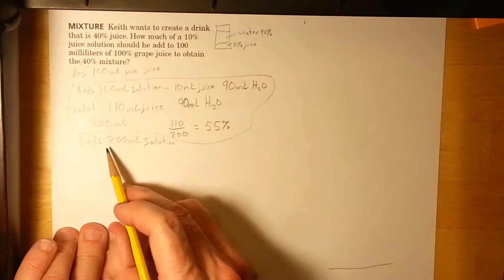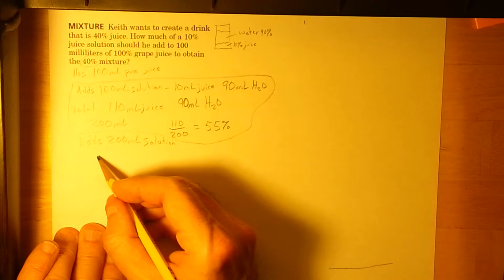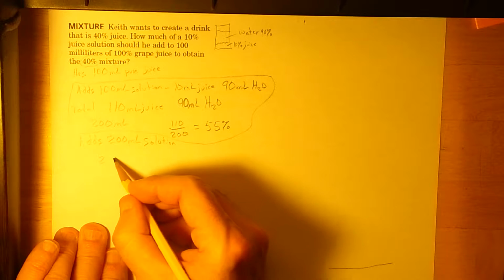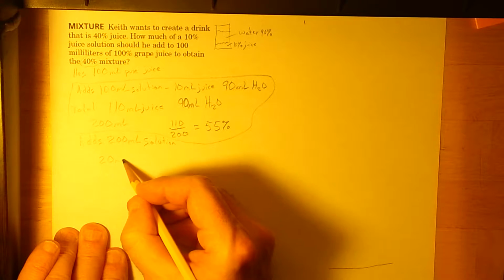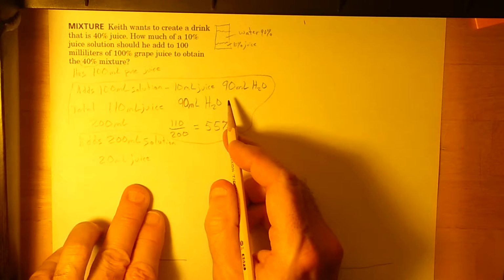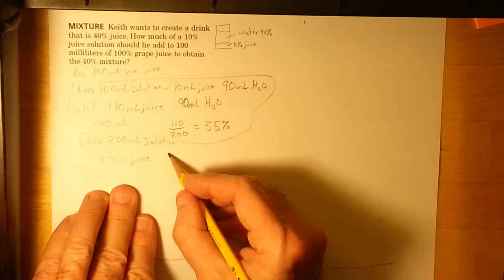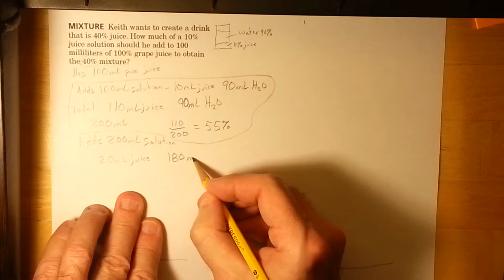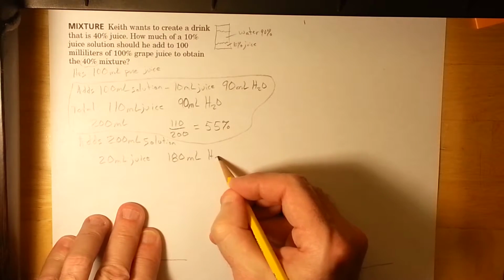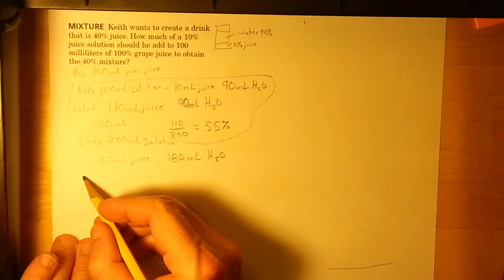So what's that going to mean? 10% of 200 milliliters is 20 milliliters of juice. And how much water is he going to have? That's going to be 180 milliliters of water.